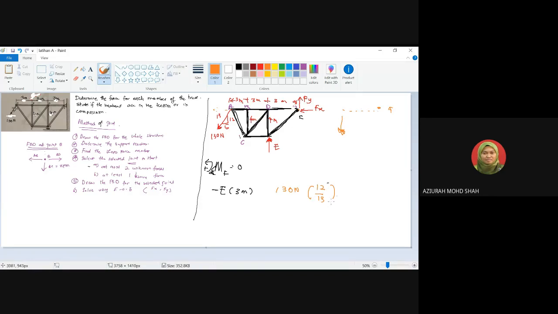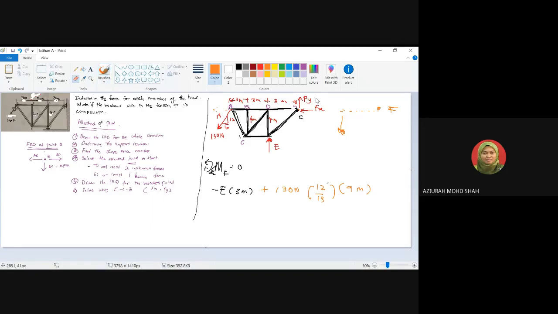So distance yang kita ambil kat sini, it should be 9 lah. Kalau ada pula terdarab 12. Okay, 9 meter. Okay, clockwise ke counterclockwise? Ni point F ni. Clockwise ke counterclockwise? Counter. So tambah lah.